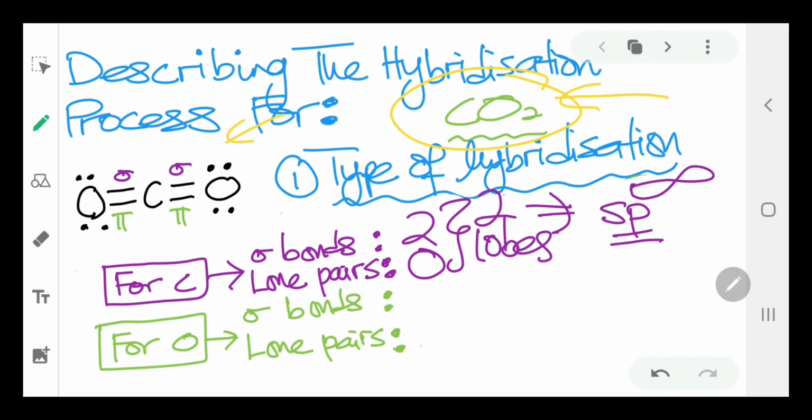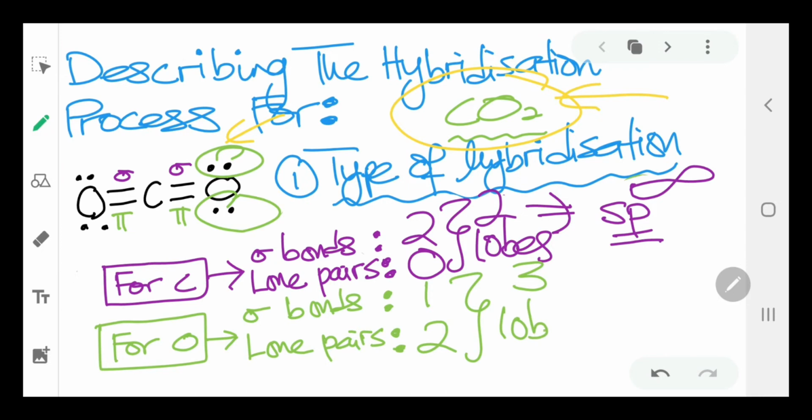When you look at your oxygen atom, it has 1 sigma bond and 2 lone pairs. Therefore, that one will be 3 lobes. So for this oxygen, the hybrid orbitals will be sp2.